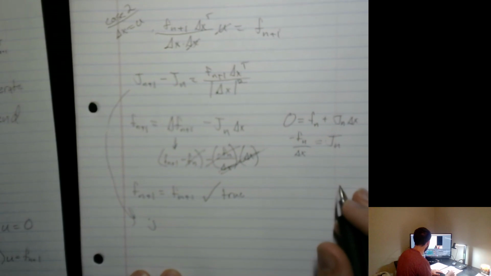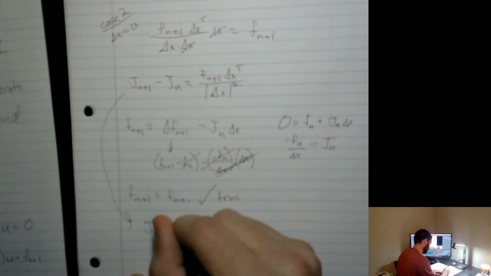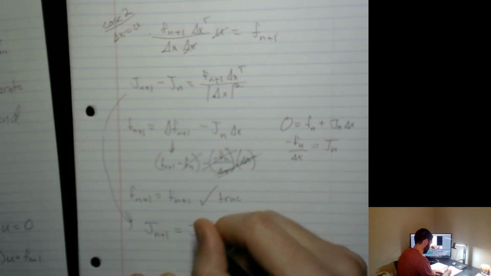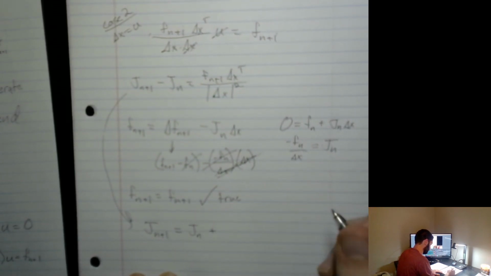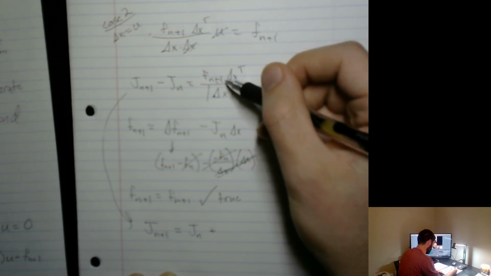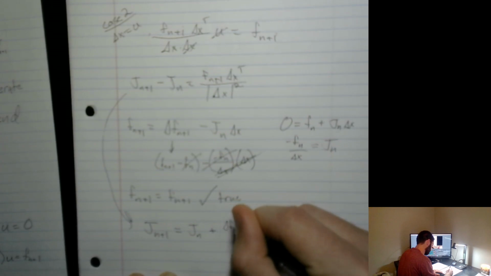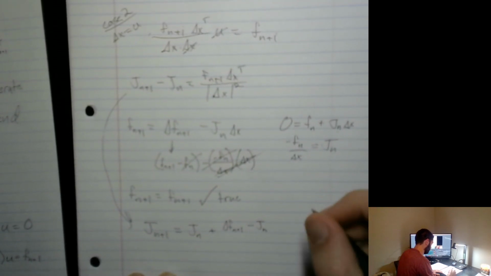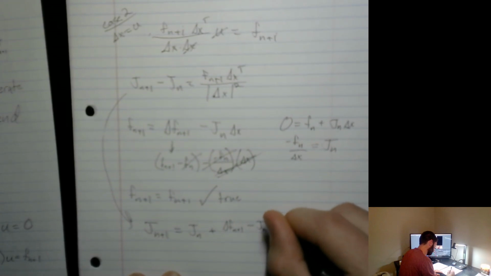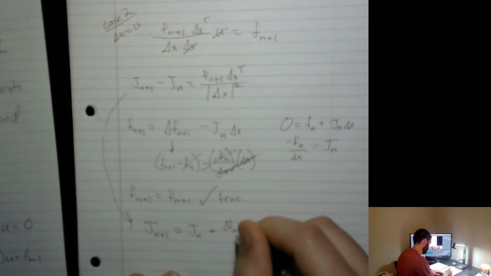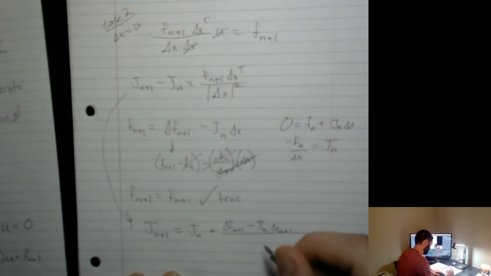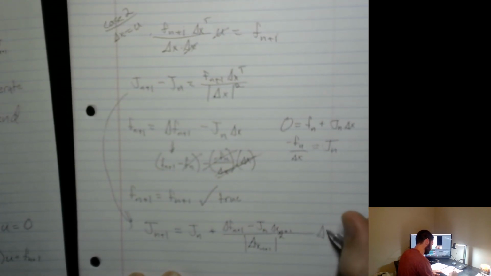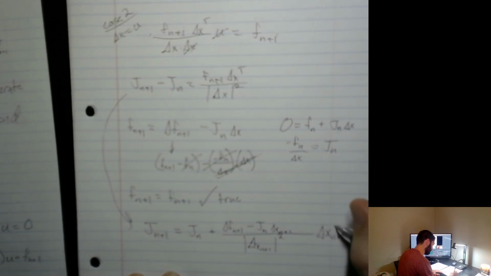Close to the bottom of the screen, but it should be good. As jn plus 1 equaling, so I'm just putting this jn back onto the other side like the formula we wanted to prove is, jn plus, and now this is where I'll rewrite fn plus 1 as this term, so delta fn plus 1 minus Jacobian jn times delta x, and we'll bring back the n plus 1 here, over delta x n plus 1 identity squared times delta x n plus 1 transpose.